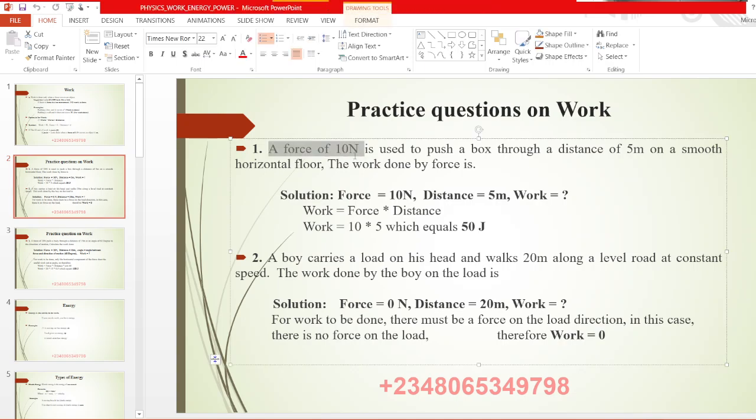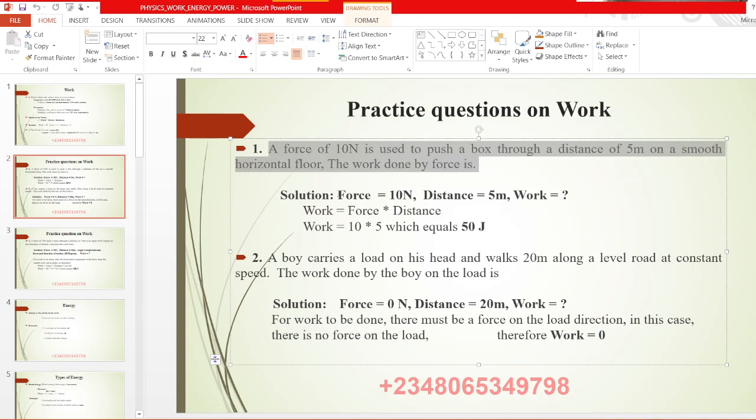A force of 10 Newton is used to push a box through a distance of 5 meters on a smooth horizontal floor. The work done by the force is... recall that we have to look at the variables stated in the question.